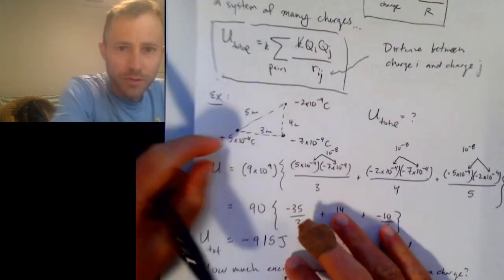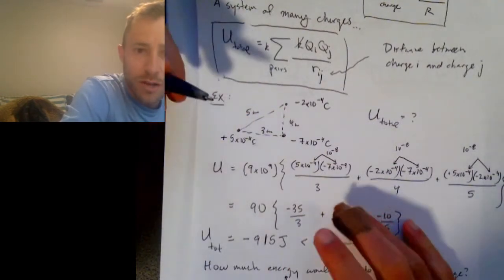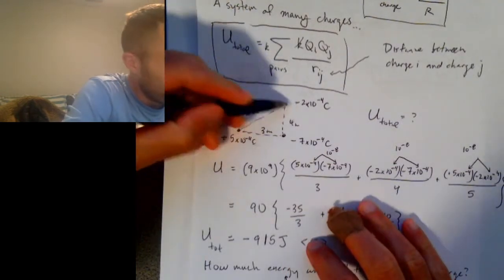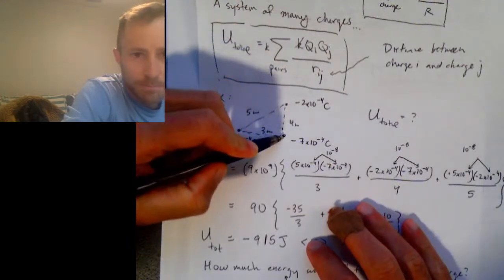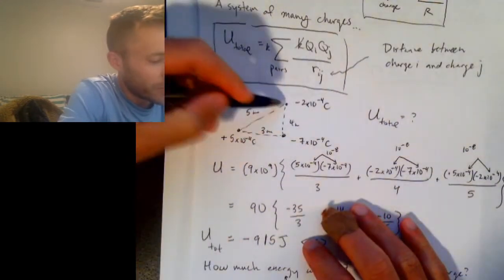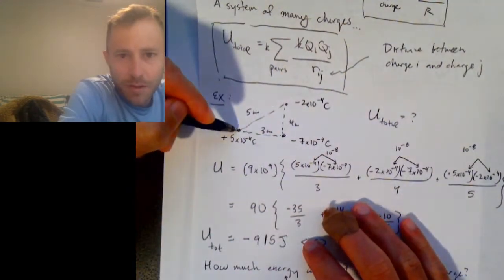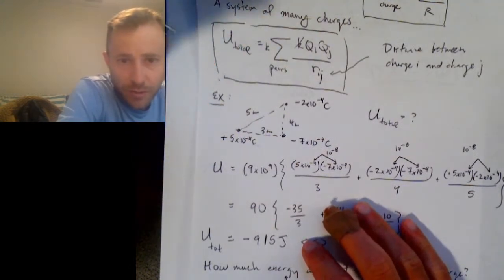If we look at the original system, opposites attract and likes repel. So this charge is going to be repelled by that one, and attracted by that one. But the repulsion is greater than the attraction for the following reason.